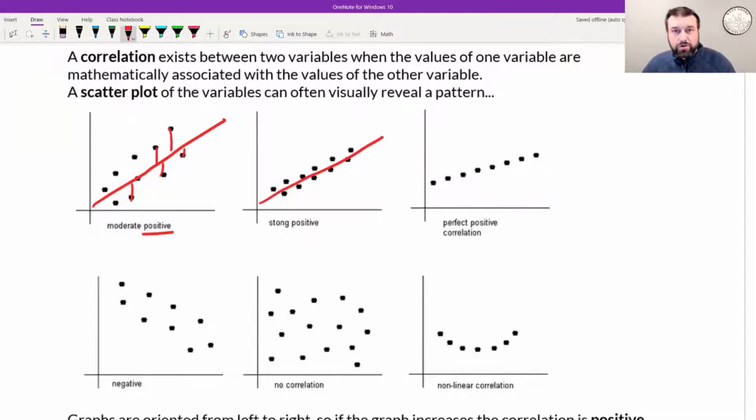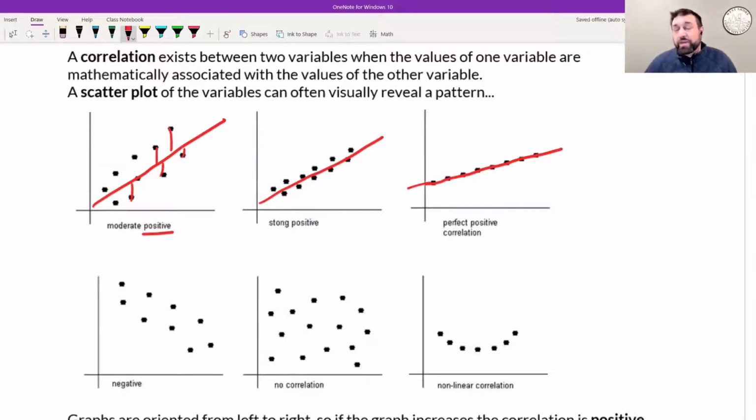Again, the points are a little bit closer to the line. And then this would be a perfect positive correlation, where a line perfectly fits the data. This does not occur in nature at all. You'll never have a perfect positive correlation, but if you plot points, maybe you could create something that's pretty close.